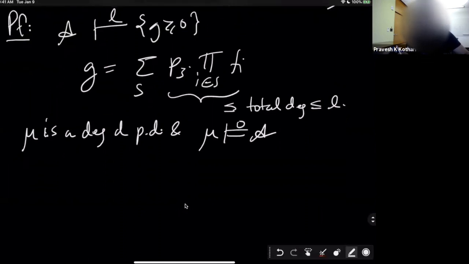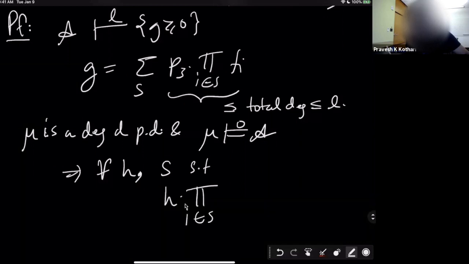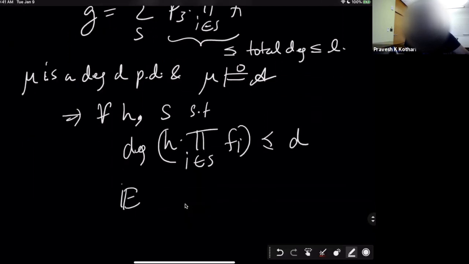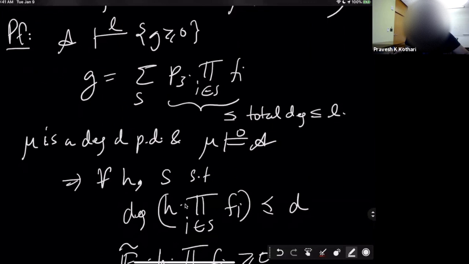It means that for all H and S such that H times the product over i in S of Fi has degree at most D, the pseudo distribution renders such a polynomial non-negative. That's what our definition implies. So now we are done, because I can apply the pseudo distribution on both sides, and by linearity apply it term by term, and each term is non-negative. So I'm done.